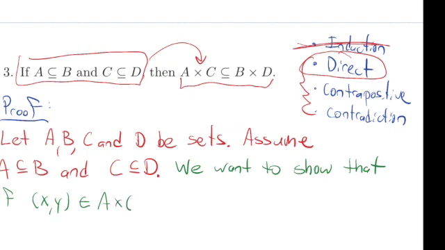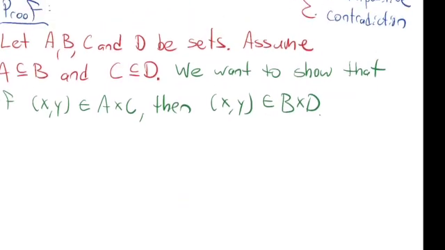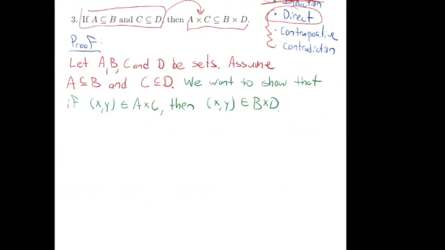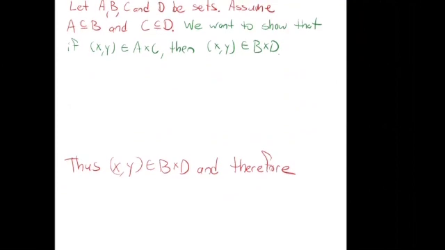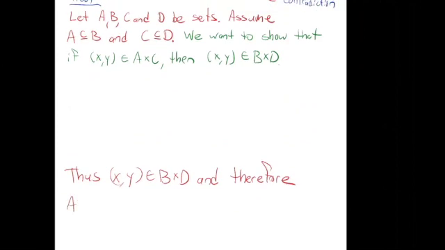If we have an element that's in A cross C, then it must follow that that element also is in B cross D. So if you're looking ahead towards the conclusion here, that would be the last thing that we're going to try and show: therefore this thing has to be in B cross D. And then we can work our way either from the bottom up or from the top down.